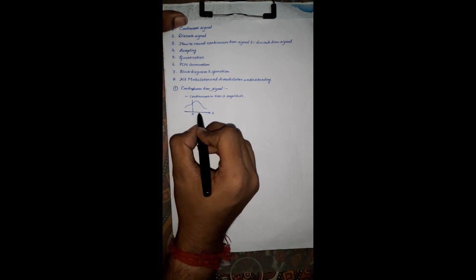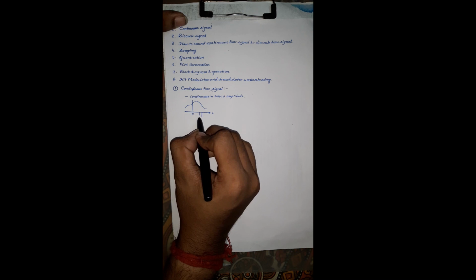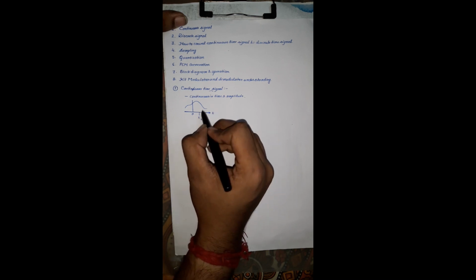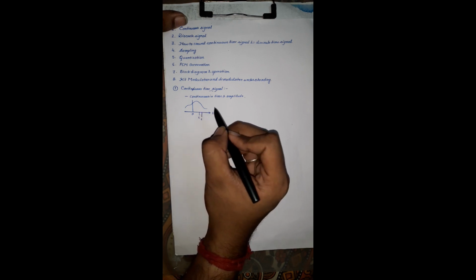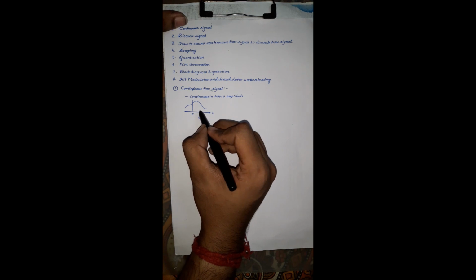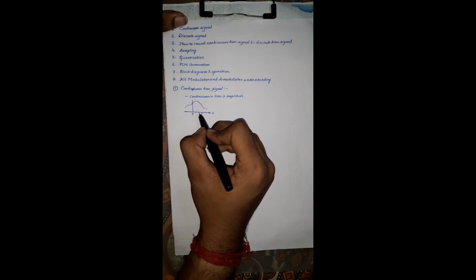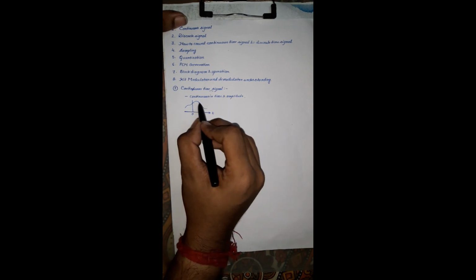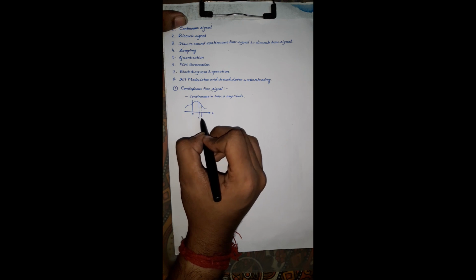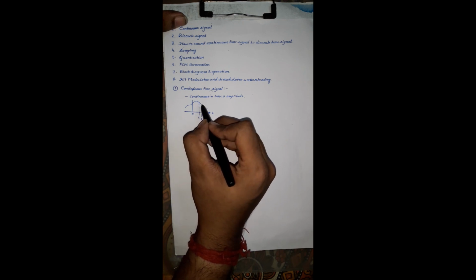If you pick any 2 points on the time axis, for example time t equal to 5 and t equal to 6, or whatever, and you measure the value of this signal at those times, you will see that the values are different.